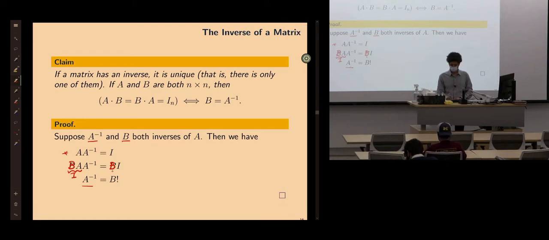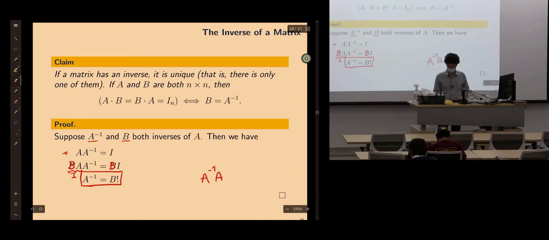Likewise, B times the identity should give me just B. So I reached the conclusion, which I did not assume, that A inverse must be equal to B to satisfy that condition, that a matrix commutes with its inverse, and A inverse times A equals A times A inverse equals the identity.